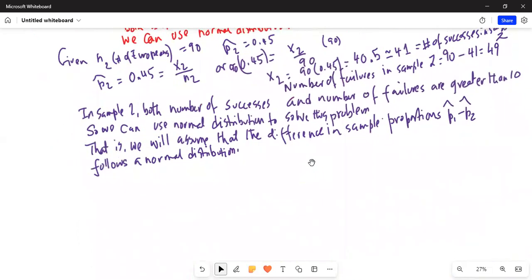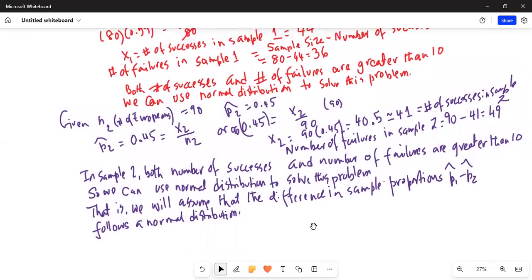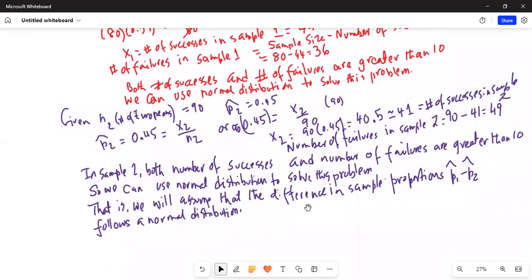We need information for x1, n1, x2, n2. So let me write down the null hypothesis and the alternative.